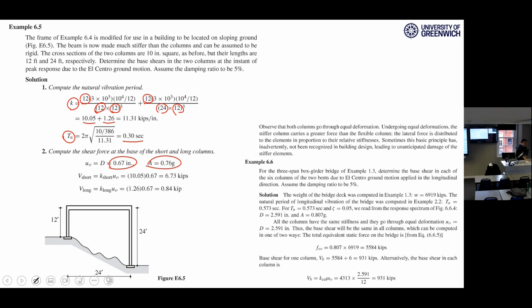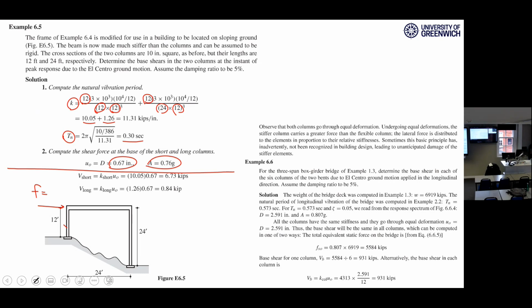The point is, when you calculate these until here, everything is the same. But after that, this is F, which is this one multiplied by mass, right? But the question is, how will this F be distributed into these two columns?